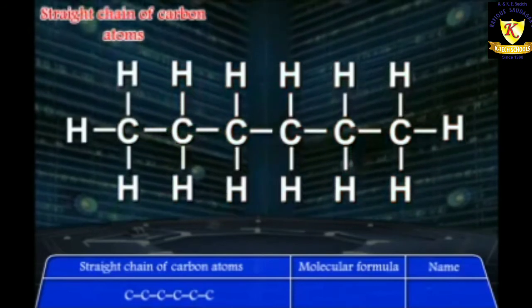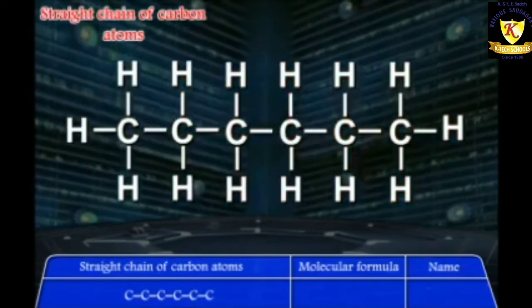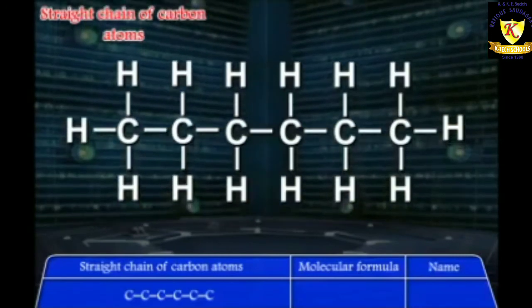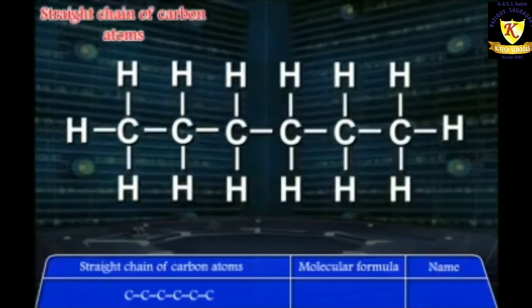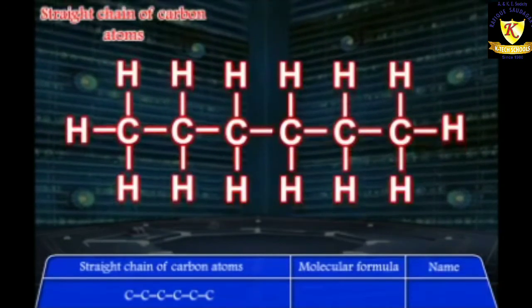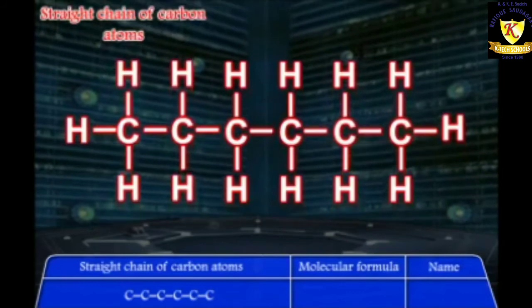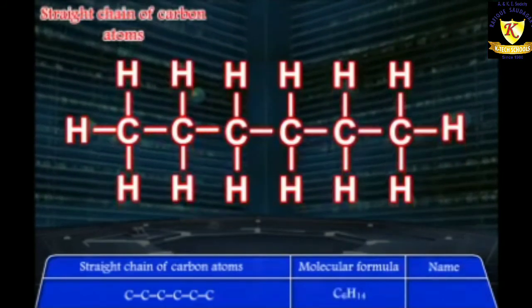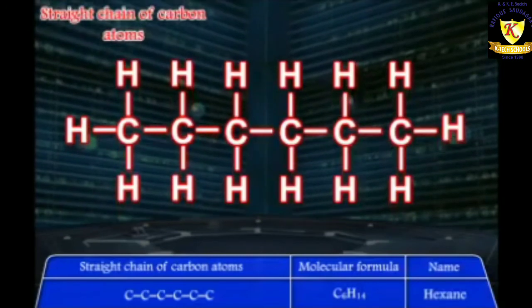Straight chain of carbon atoms C bond C bond C bond C bond C bond C. So the molecular formula becomes C6H14 and the name is hexane.